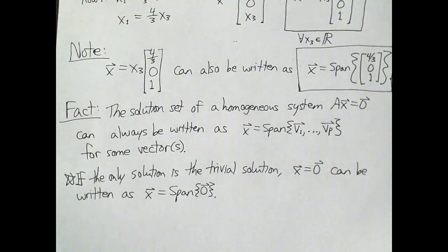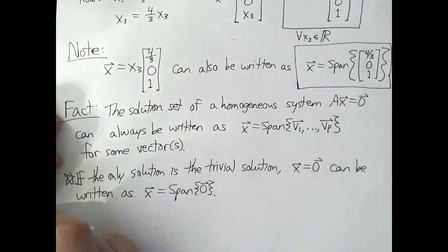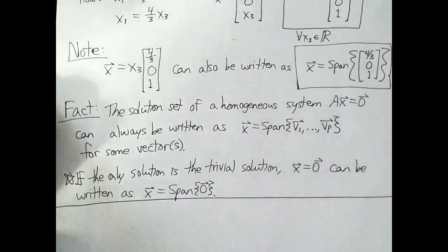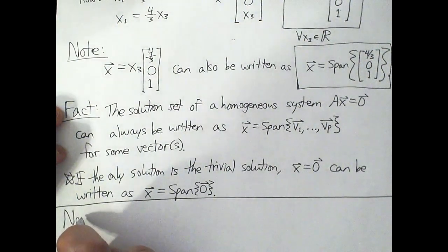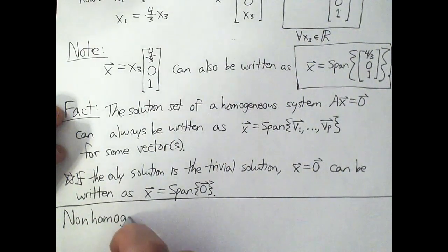So, so far in this lesson, we've talked about systems where the right-hand side is 0. Let's talk about other systems. Other systems where the right-hand side is not all zeros, we can now call non-homogeneous systems.